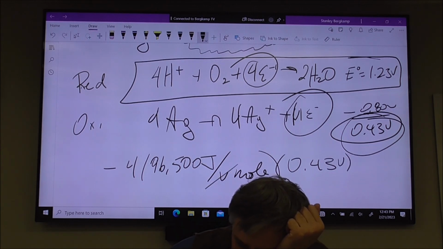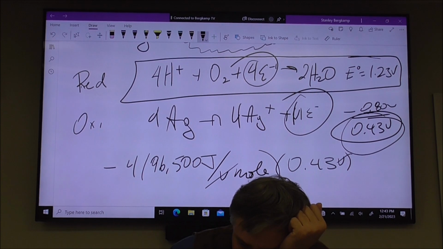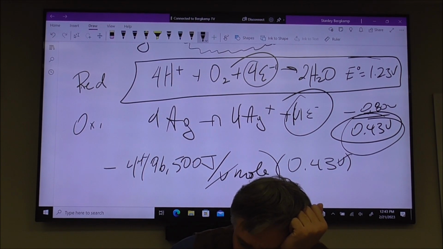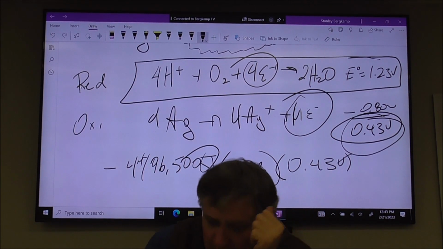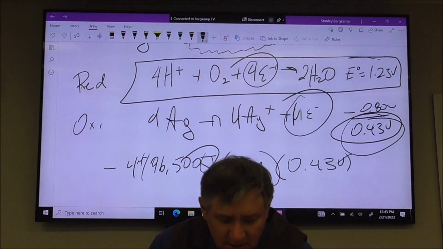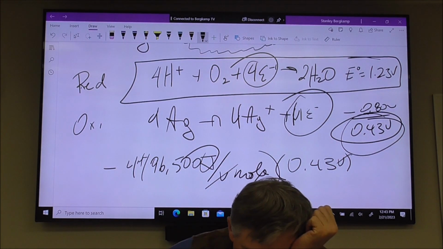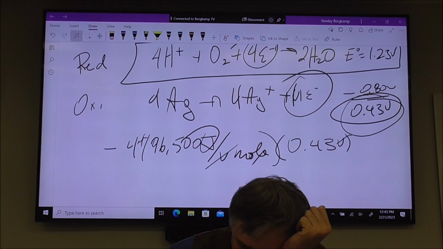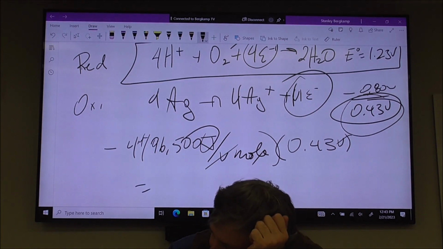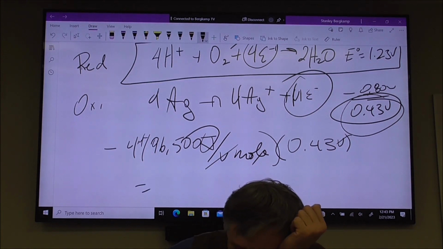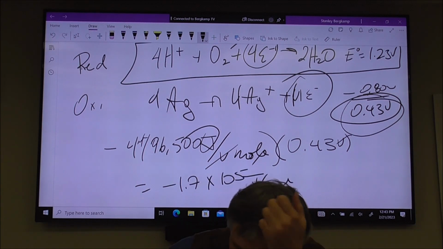So the volts cancel out. We've got 4 moles, the moles cancel out. I'm left with joules. You multiply all this together, and you get negative 1.7 times 10 to the 5th joules per mole.